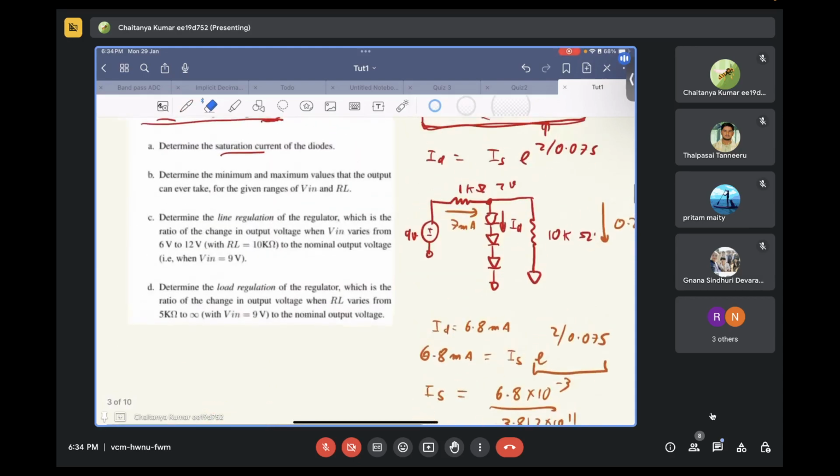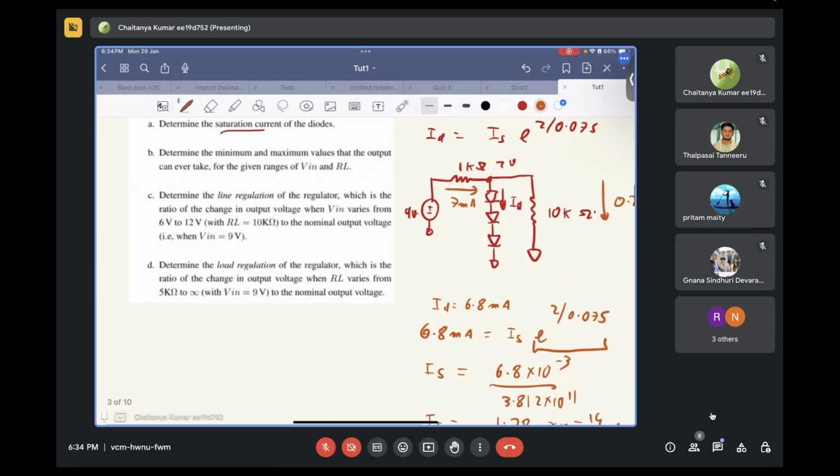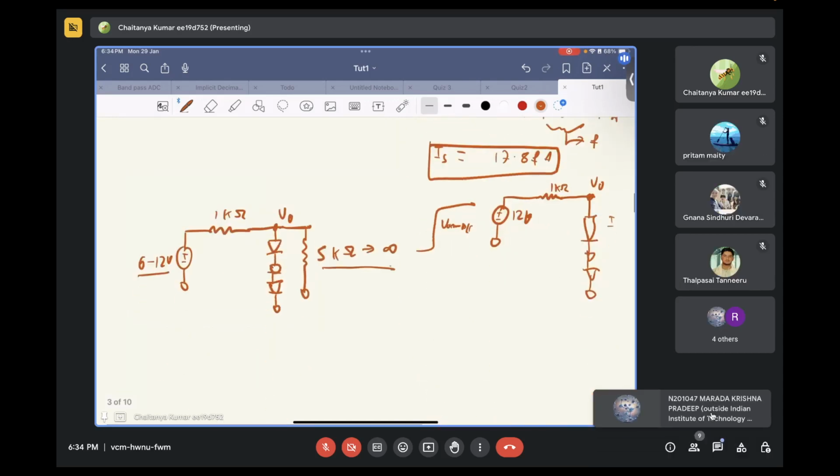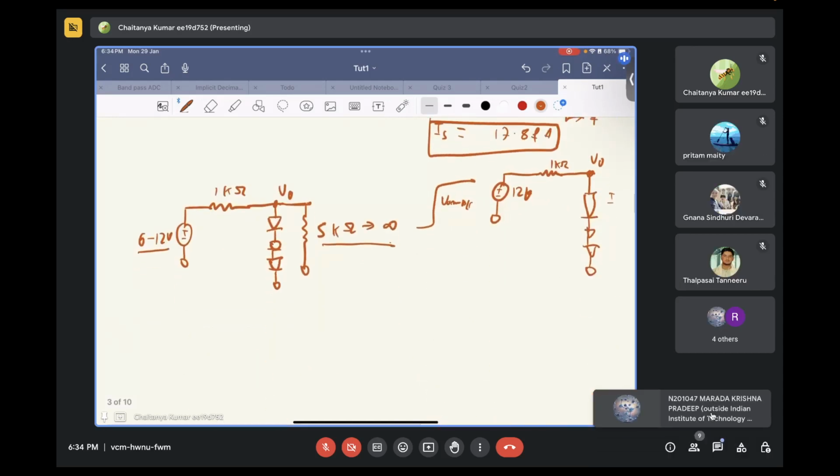Here what we saw was that when an ID of 6.8 milliamp is flowing through this diode, the total series combination of diodes is producing a voltage of 2 volts. With this information in mind, we can try to find incrementally how this particular element will behave as a linear resistor. Let's assume that the input voltage is 9 volts.